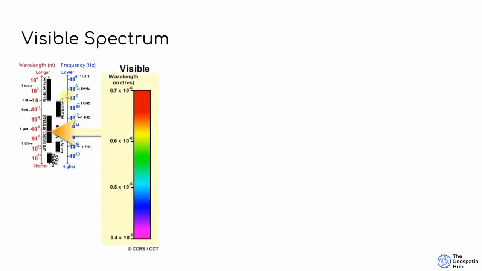So we have the visible light, the visible part of the spectrum. This is the entire electromagnetic spectrum, and right here we have the visible spectrum. This is just trying to enlarge the visible spectrum first.